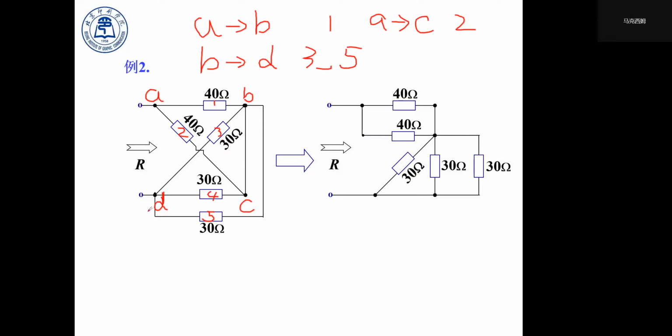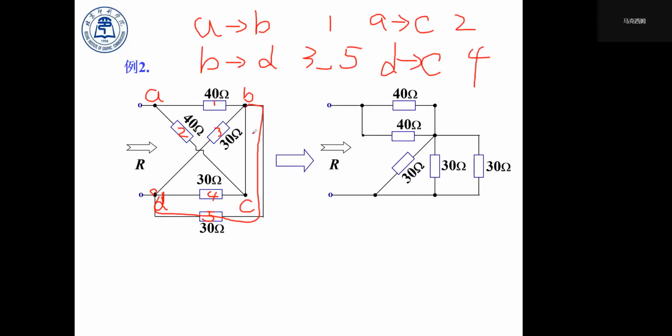Right? The copy between this dot and this dot. We also have this branch. They are connected to the same two points, right? And between D and C, we have resistor 4.